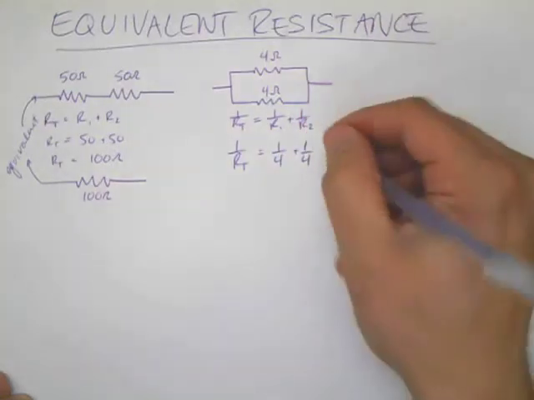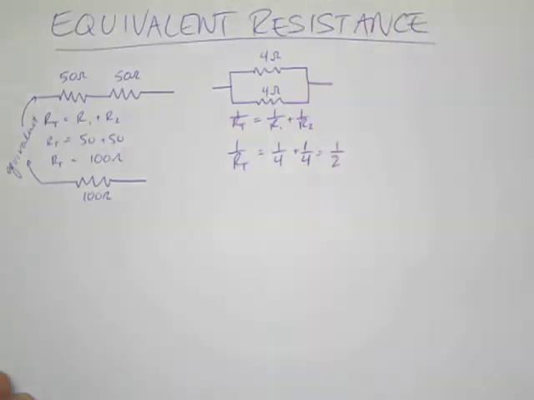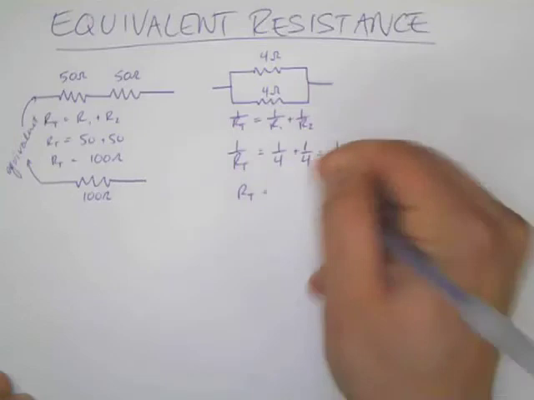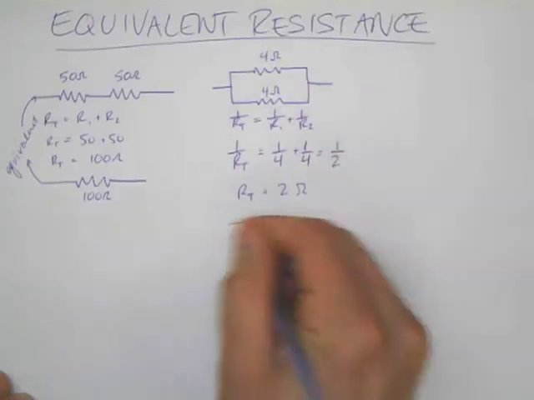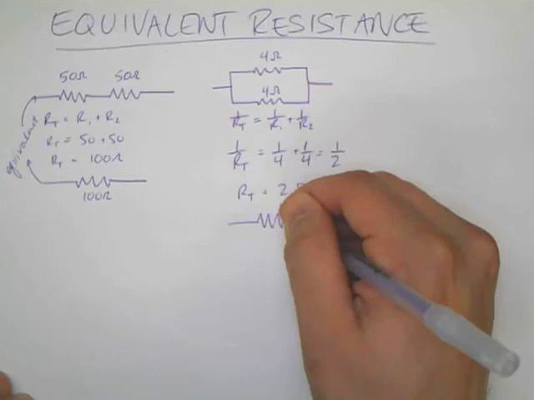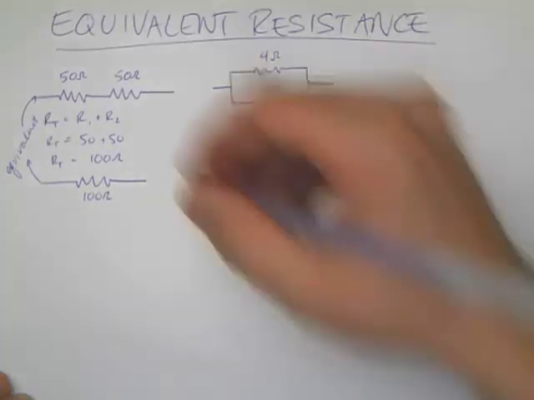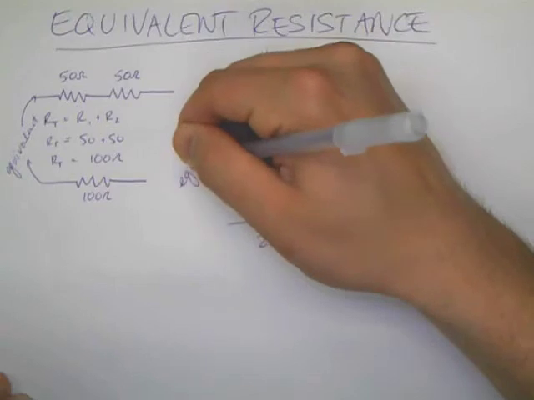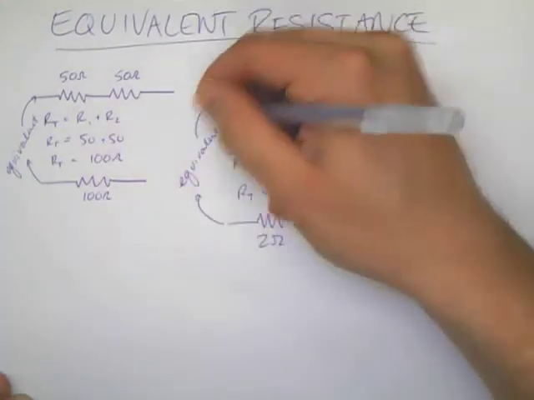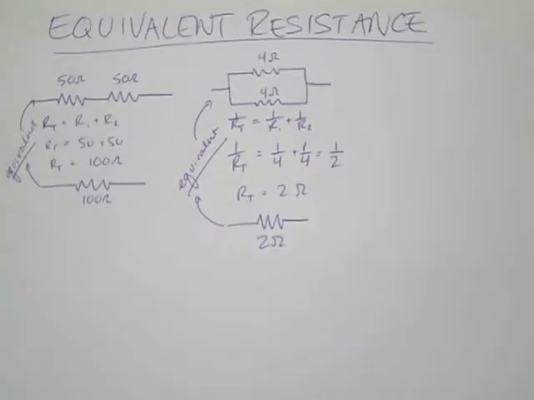Or a quarter plus a quarter, which is equal to a half. If 1 over RT is equal to a half, RT is equal to 2 ohms. So if I were to take these two 4 ohms in parallel and replace them with a single 2 ohm resistor, it would have the same effect on the circuit. So these two are equivalent. And that's where the idea of equivalent resistance comes in.